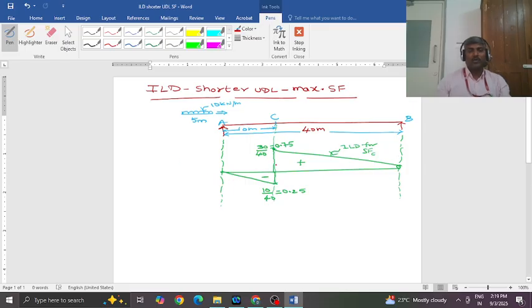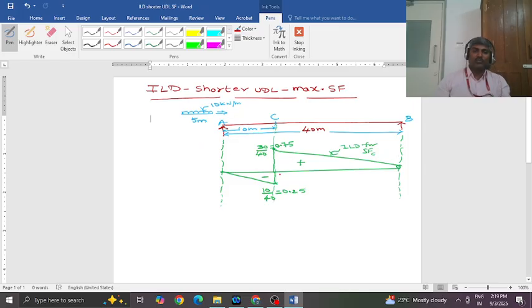is to get maximum shear force at C, how to position this shorter UDL as it travels from A to B. Right. So as you see, the shear force is now spread across the negative as well as positive. So you will have maximum negative shear force as well as maximum positive shear force.